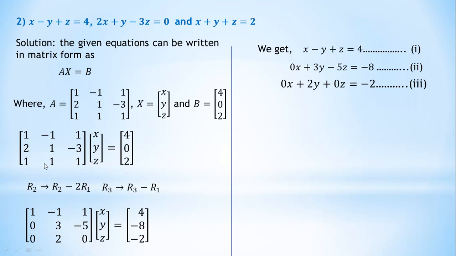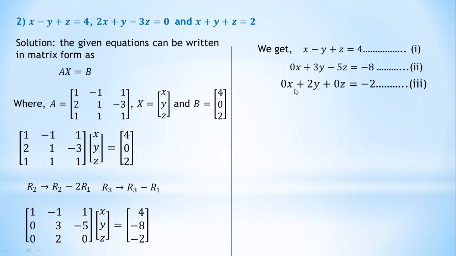But see, we haven't converted this matrix into an upper triangular matrix. This is not an upper triangular matrix, but still we have this equation 0x plus 2y plus 0z is equal to minus 2, by which we get the value of y. So it is not necessary to convert the matrix into an upper triangular matrix.